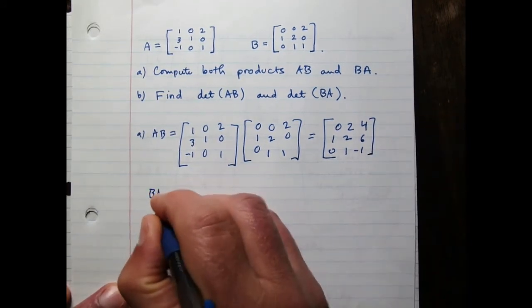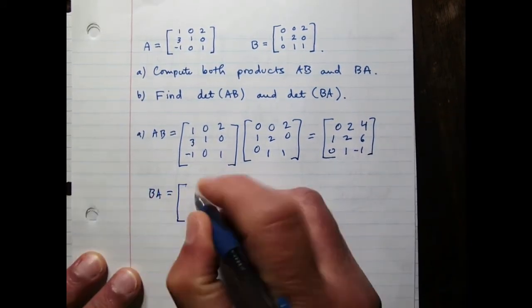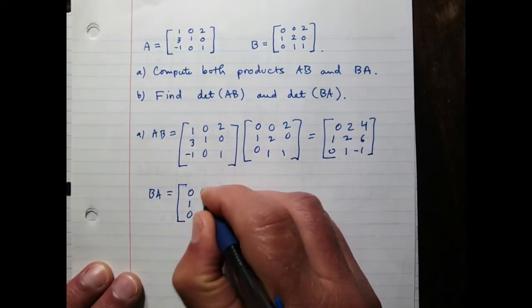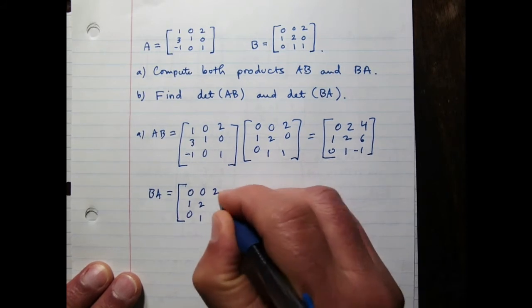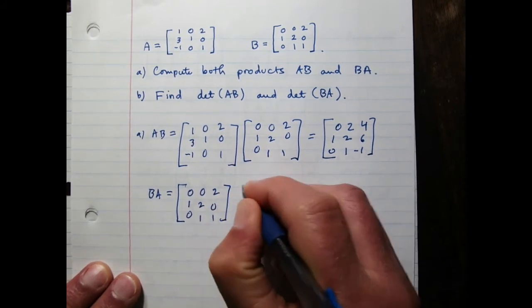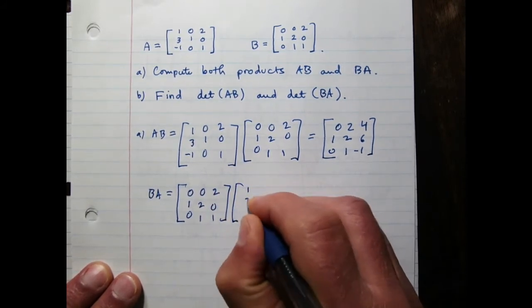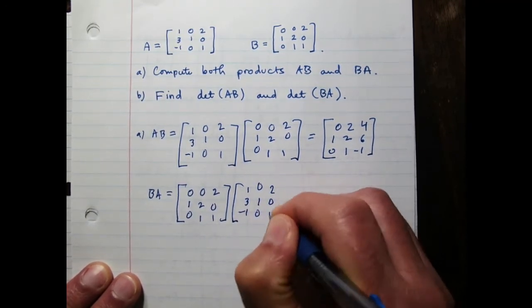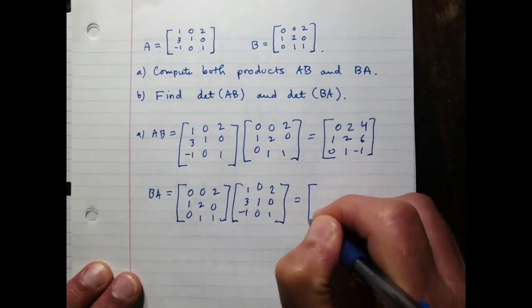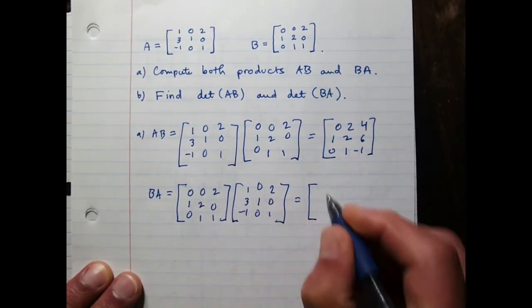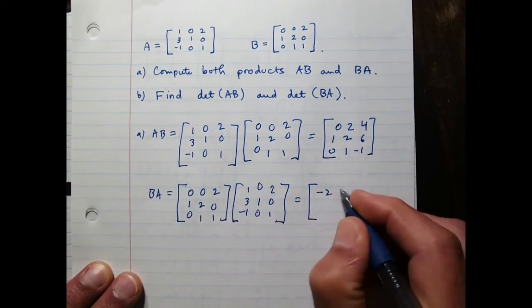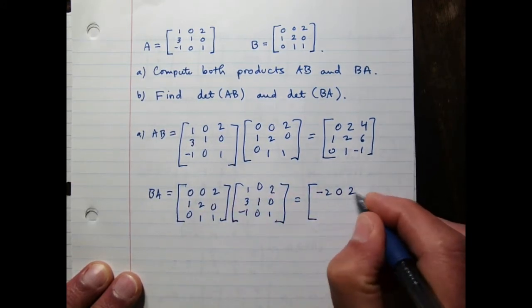Okay, BA, we would expect this by now to probably be different from AB. Okay, here I go. I get -2. Ooh, I like this first row. First row, a 0, 2.